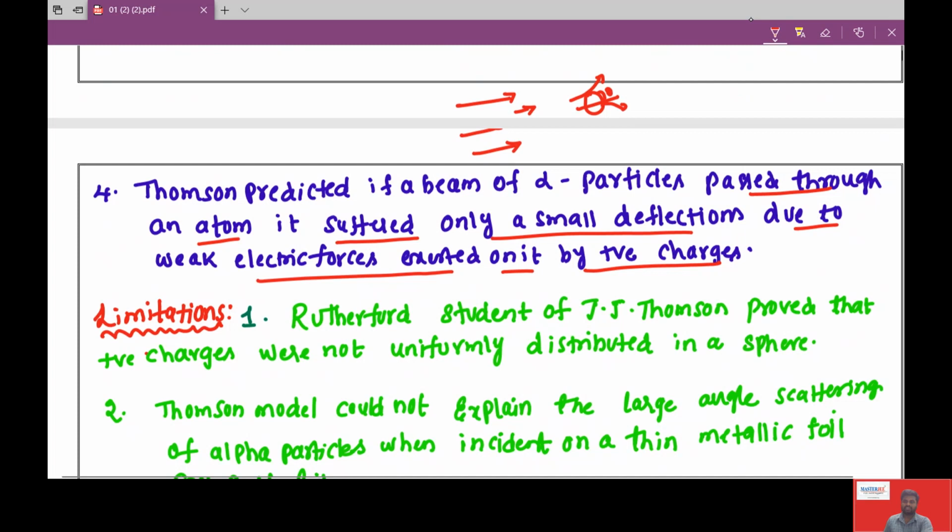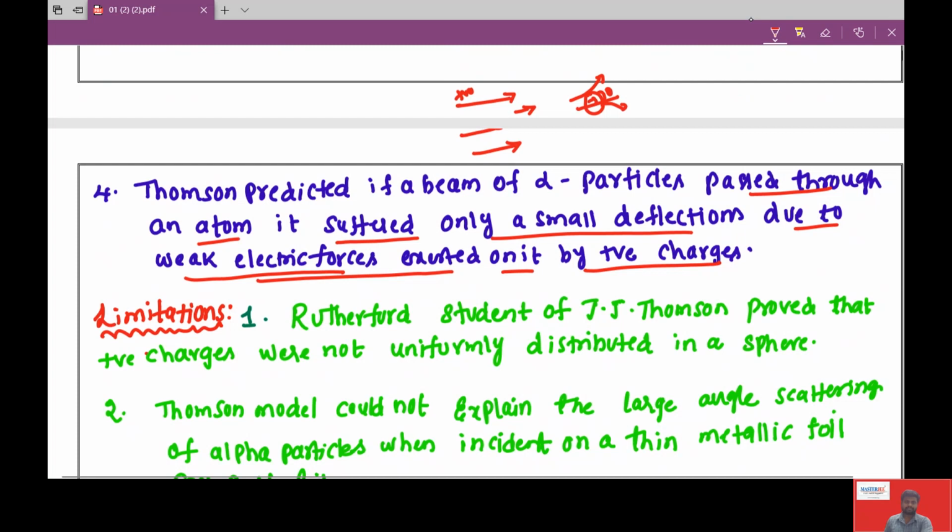Alpha particles also have positive charge, and according to J.J. Thomson, positive charge is distributed over the entire sphere, so a repulsion force will be there. So you get small deflections due to weak electric forces exerted on it by positive charges.